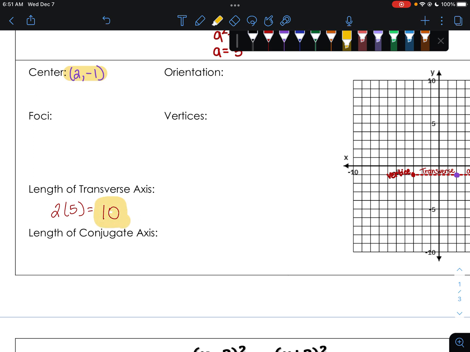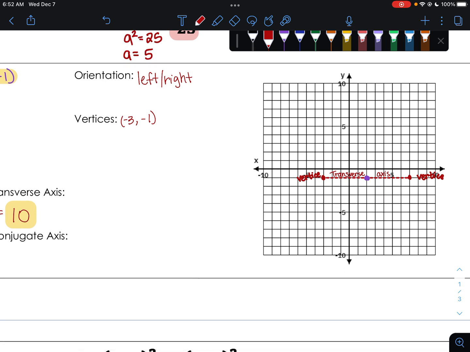Now, a couple things that I can go ahead and fill in is that the orientation we said earlier is going to be left-right. It's actually both directions, and once we graph it, you'll see what it looks like. Okay, and then I just got the vertices, so I can go ahead and label those. The vertices were -3, -1, and then the second one was 7, -1.